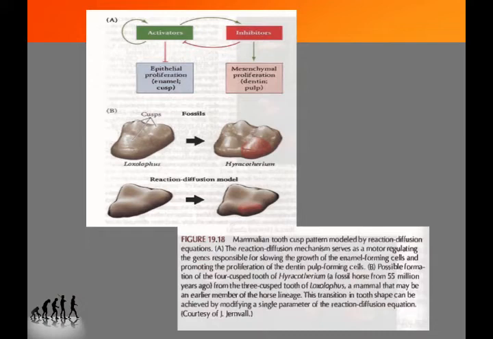In these pictures, we see that the reaction-diffusion mechanism serves as a motor regulating the genes responsible for slowing the growth of the enamel-forming cells and promoting the proliferation of the dentin and pulp-forming cells, also showing the possible formation of the four-cusp tooth of Hyracotherium, a mammal that may be an early member of the horse lineage.